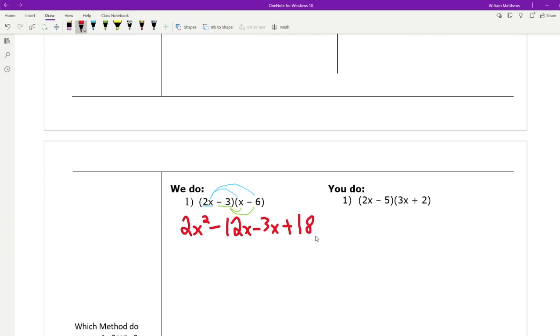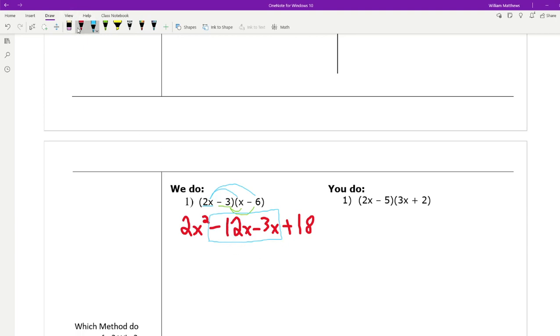Now, if you noticed, our middle section again is like terms. With the double distribution and the way most problems are set up, in the organized fashion, you should end up with your like terms being in the middle.